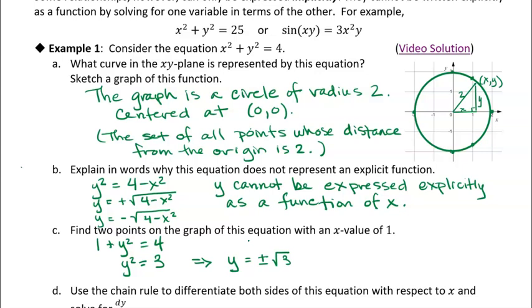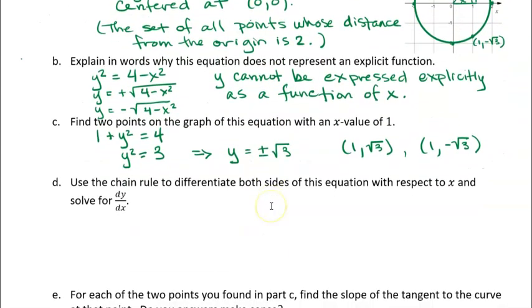So these points that I just drew up here, I would have 1 comma square root of 3 here. Down here I would have 1 comma minus square root of 3. Okay, so one x value gives 2 y values. All right, so let me write down those points so I can answer the question. We had 1 comma square root of 3, and the other point is 1 comma negative square root of 3. Okay. All right, let's look at the next question.